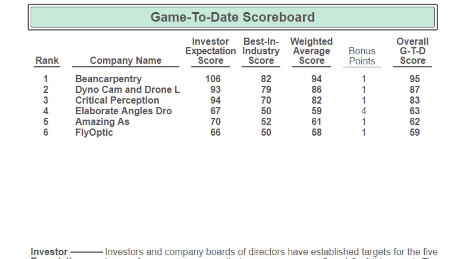Otherwise, it's going to be very difficult. Company B could easily run away with this, and then there could be a race for second between D and C, and when it comes to fourth, E, A, or F could gain 4th place. So keep that in mind.